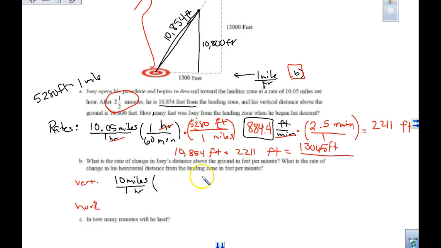Times, we have to convert this, just like we did up here, to feet per minute. Can you do that now? How many multiplications do we have to have? 2 of them, right? Is it the same as question A up to this point? Exactly the same, right? Feet per minute. So you're going to put in those 2 conversions.